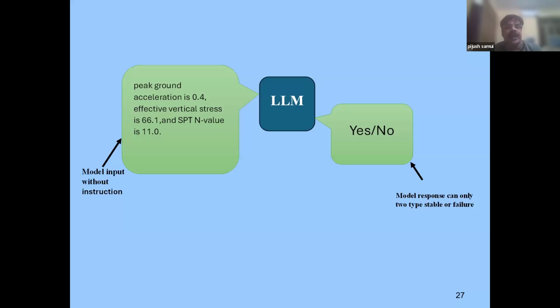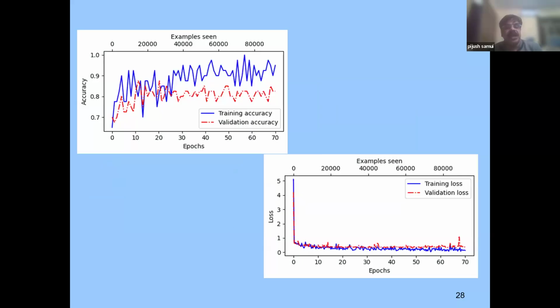So I have not taken the other parameters, and I will see what the performance will be, whether it changes, and if it changes, how much. The same thing has been observed here, the epochs and this is the accuracy.